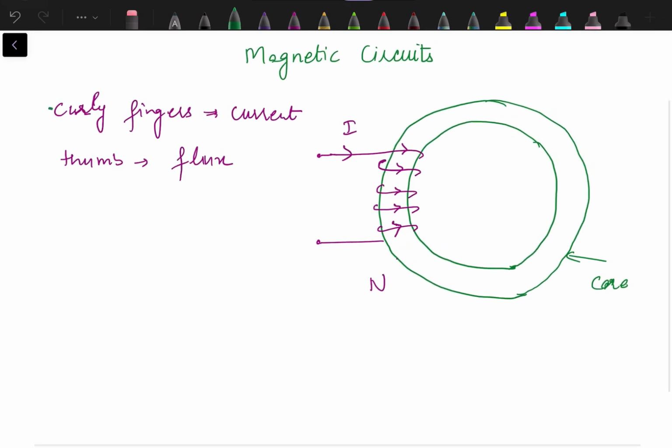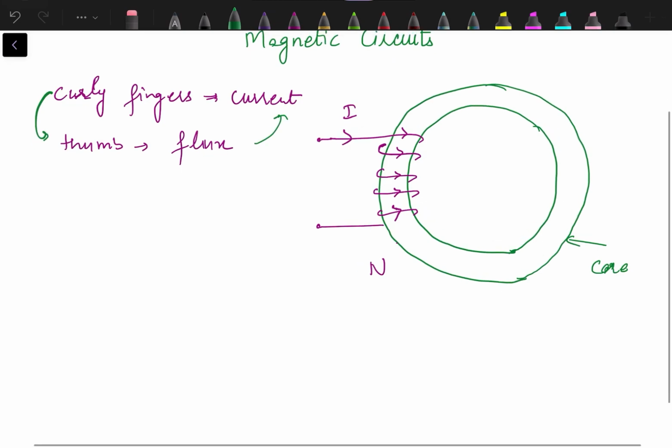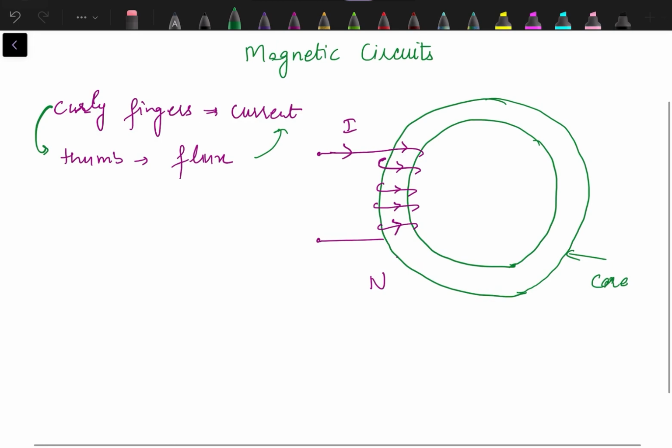So basically these are interchangeable. Now when we apply the right hand thumb rule in this, what we will see is that flux is in upward direction.